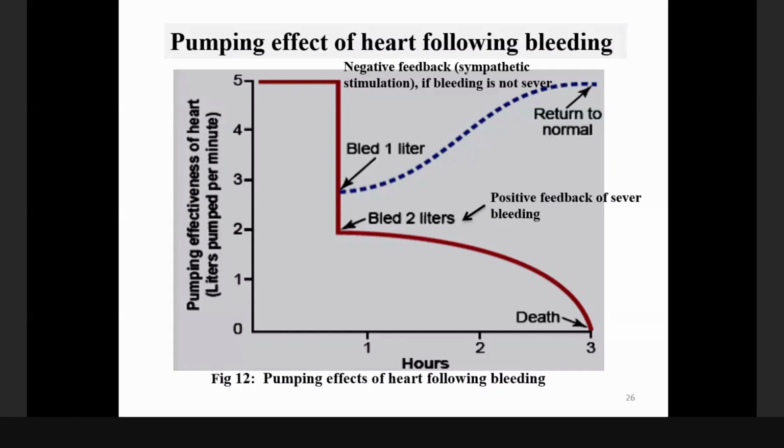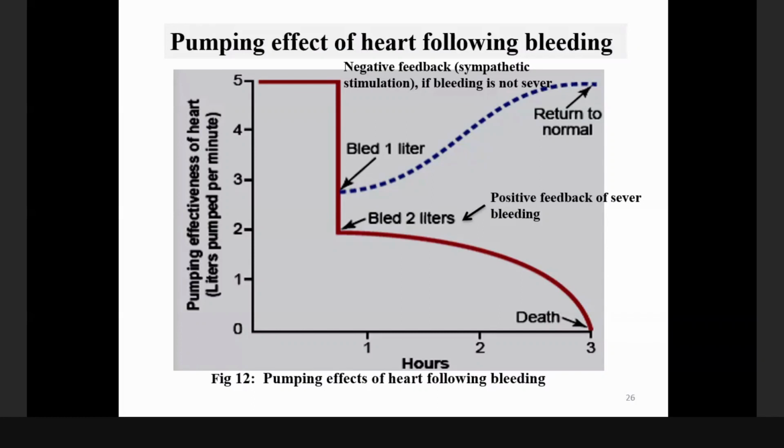So the amount of blood getting back into the heart together with oxygen and nutrients is reduced, so the pumping effect of the heart is reduced gradually. The beat is going to reduce. In the case of this feedback, the subject will die. But if the negative feedback overrides the positive one, the subject is going to survive.